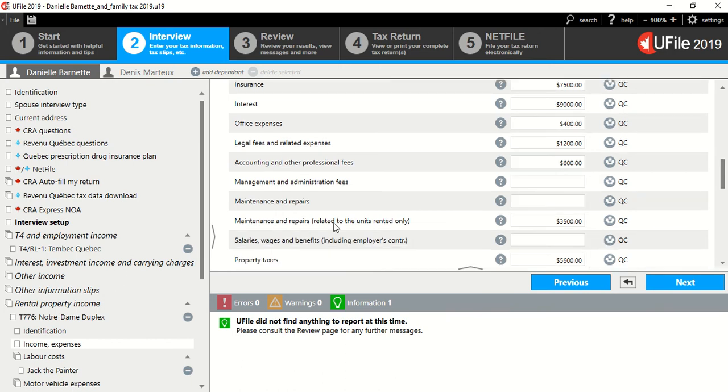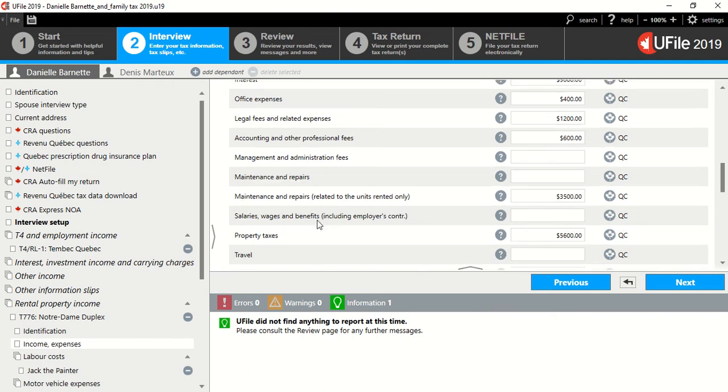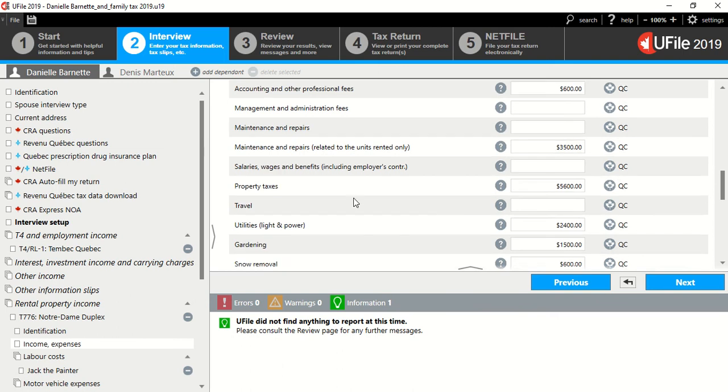And maintenance and repairs related to the units rented only, $3,500. And there you go. Property taxes, that would include school and water taxes as well if they're in a separate bill. Utilities common to the entire rental unit which you pay.